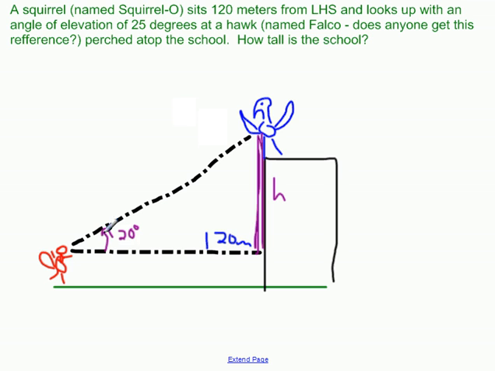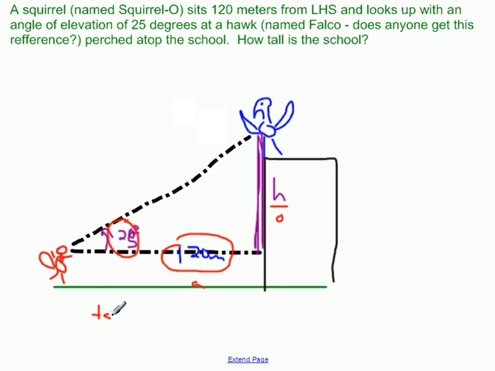So if we're looking at this, we're given, oops, I wrote that wrong. This is 25, sorry guys. 25, okay. So what we're looking at, we have this side length value, 120. What we need to find is that height. So from the 25 degrees, that's an adjacent side, that's an opposite side. So we're going to use tangent.